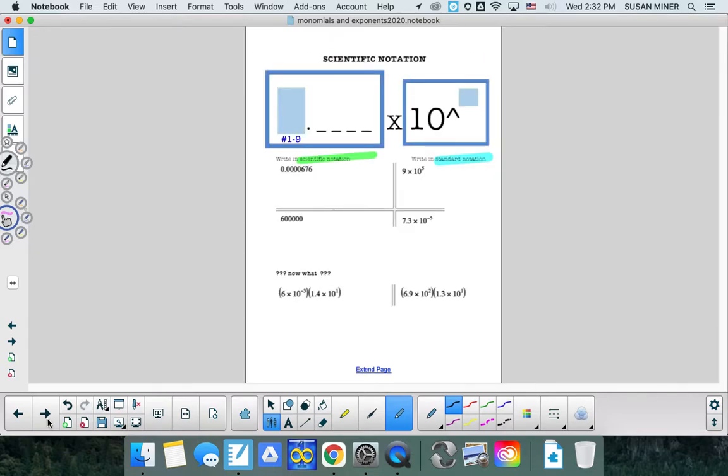Here's kind of the setup that we use for scientific notation. I definitely am going to have a ones place, okay? And then I'm going to have up to 2 place values. Now, I could have more depending on how accurate I want to be. But in Ms. Miner's class and Mrs. Zeider's class, what we'll probably do is just round off to the hundredths place for most of our stuff.